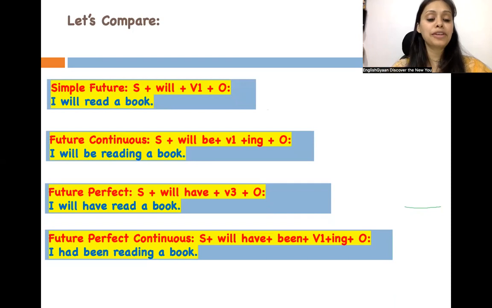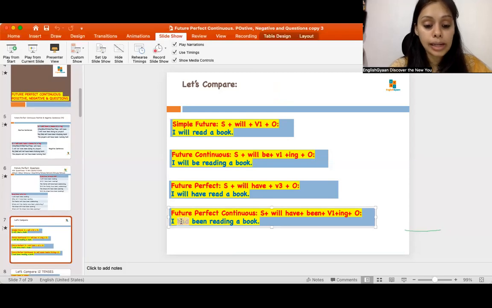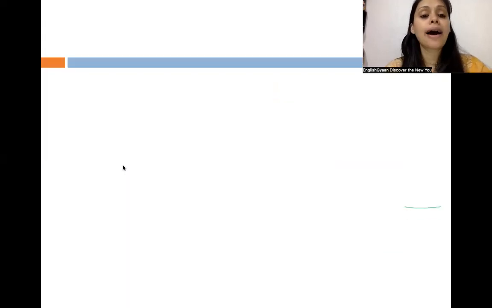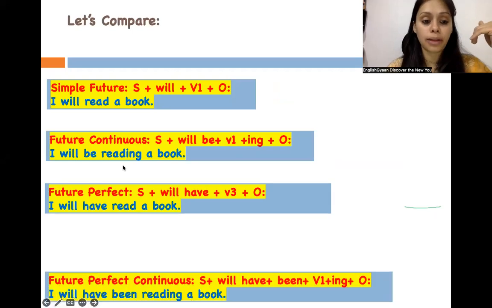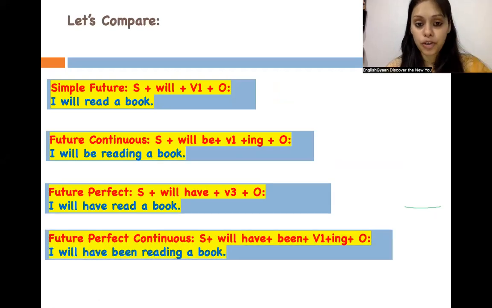And I will have been reading a book. मैं किताब पढ़ती आ रही होगी. This is how you compare all the 4 tenses in the future tense with each other. Simple future, future continuous, future perfect, and future perfect continuous.